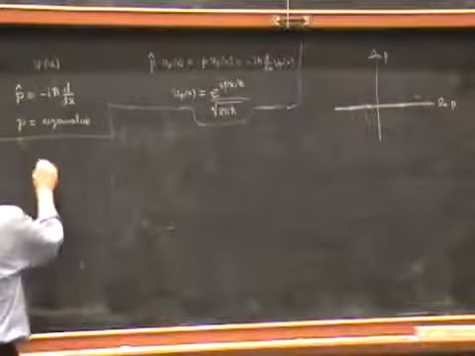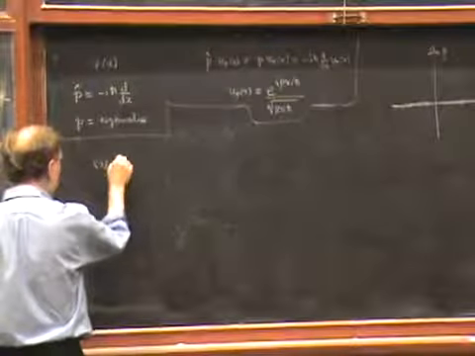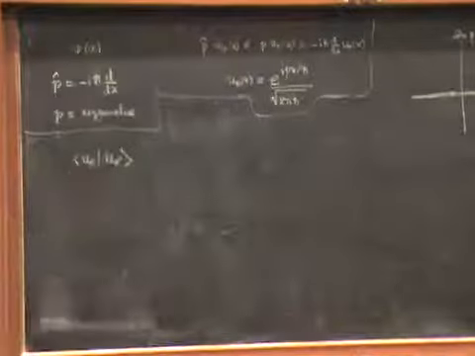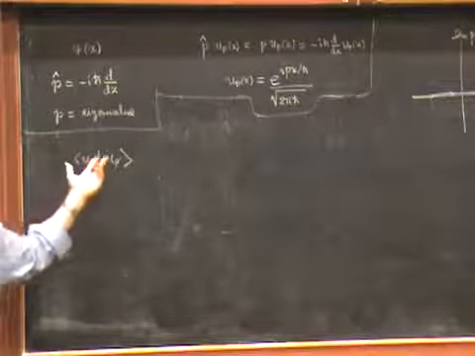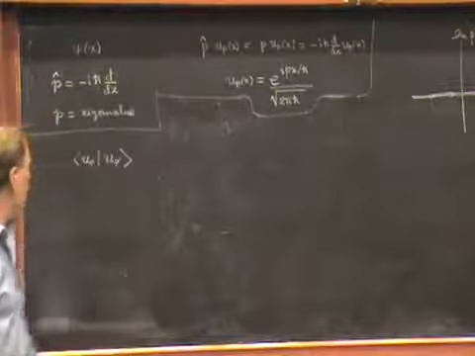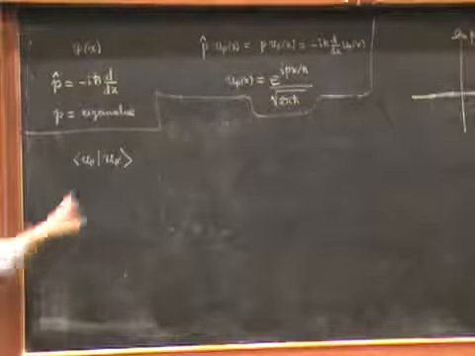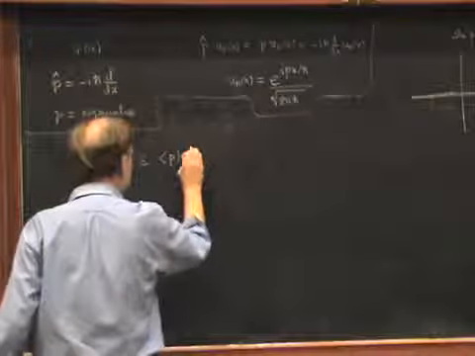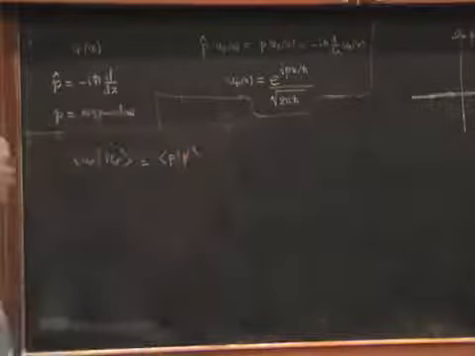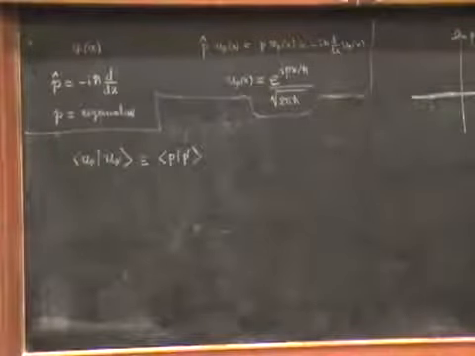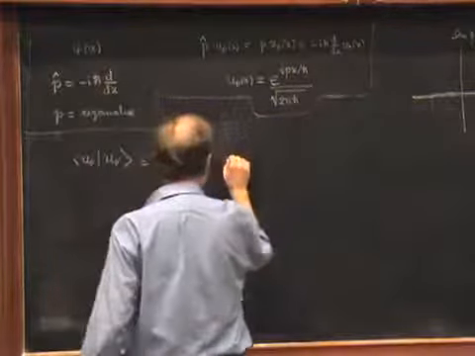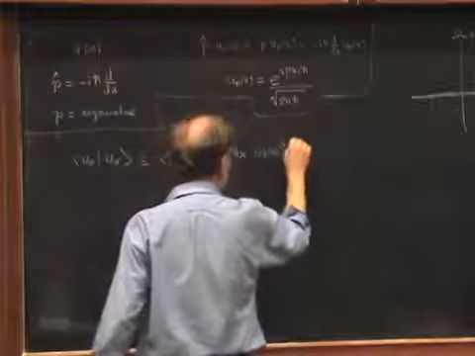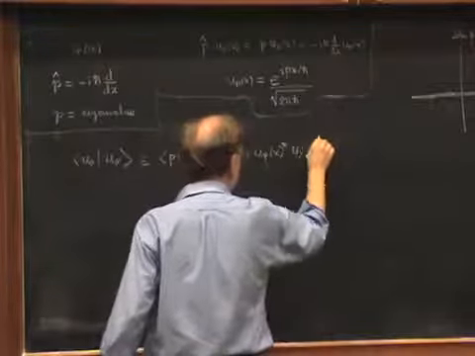The reason for doing that is that if I take the scalar product of u_p with, let's say, u_p prime, the idea here is to investigate the orthonormality relations of these eigenfunctions. Let's just abbreviate this by writing it as (p, p prime) and drop the u, where we just label the eigenfunction by its eigenvalue. Well, this is the same thing as the integral over x of u_p of x complex conjugated times u_p prime of x.